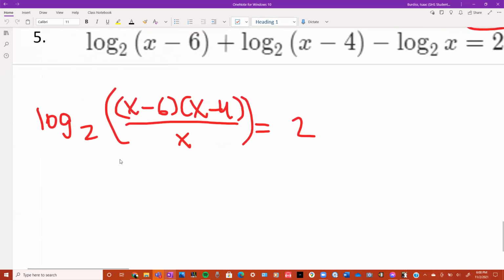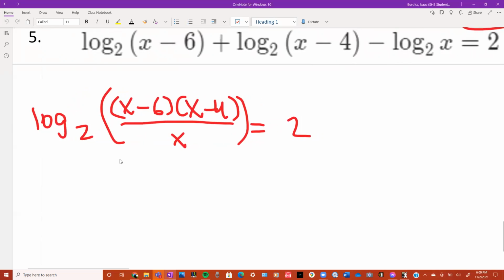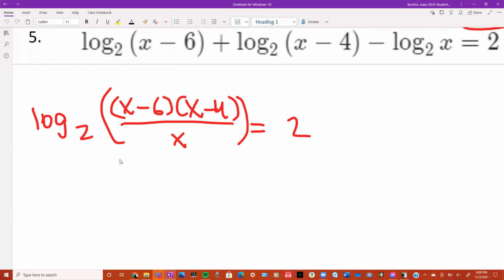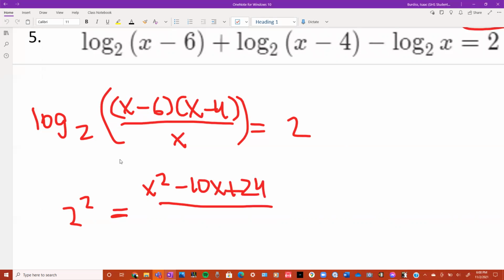This time, there's not a log on both sides, so we have to say this to this power equals this. So 2 squared equals, let's go ahead and multiply this out. That would be x squared minus 10x plus 24. Divide by x.